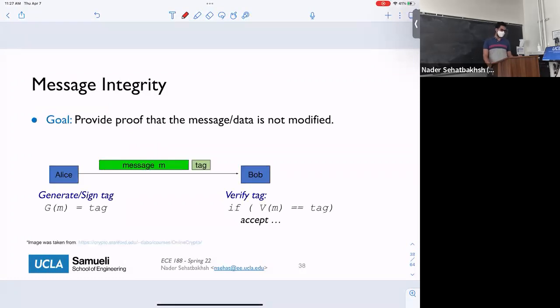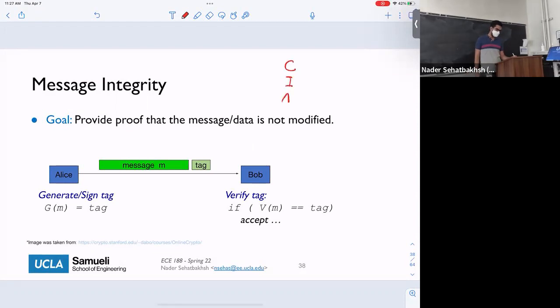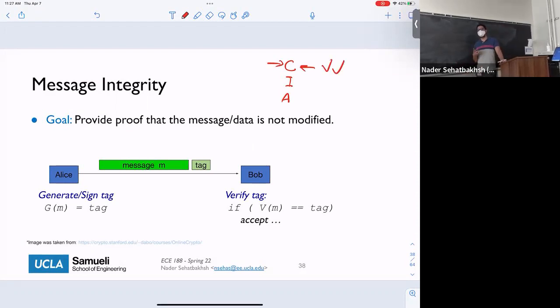So let's first talk about MACs, or message integrity. Why do we need a MAC? Remember, I said there are generally three things that you really care about: confidentiality, integrity, and availability. With encryption, you get confidentiality, but AES or RSA does not guarantee integrity.